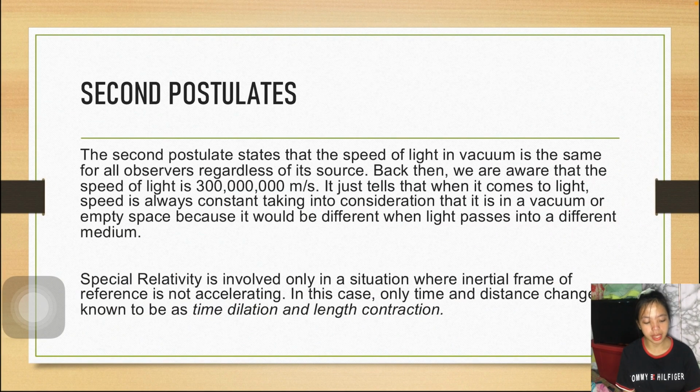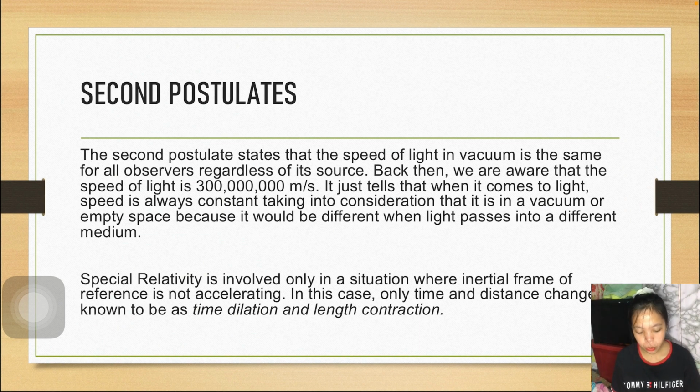The second postulate states that the speed of light in vacuum is the same for all observers regardless of its source. Pangalawang postulate ay nasasabi na ang bilis ng liwanag sa vacuum ay pareho para sa lahat, at ito ay may bilis na 300 million meters per second.